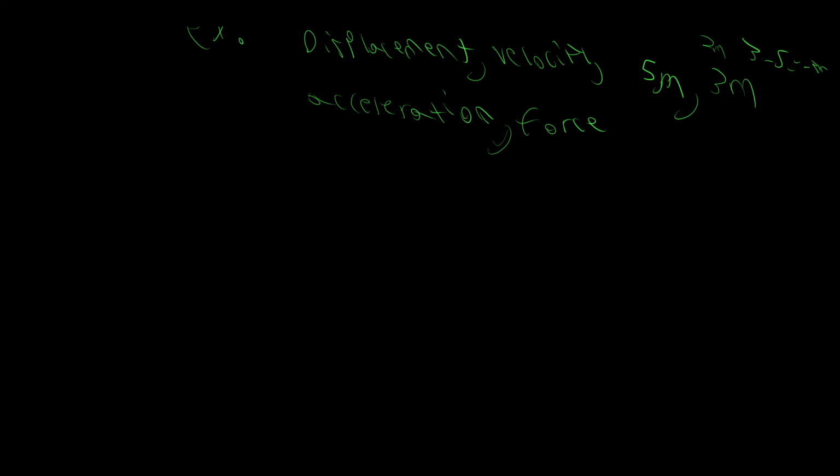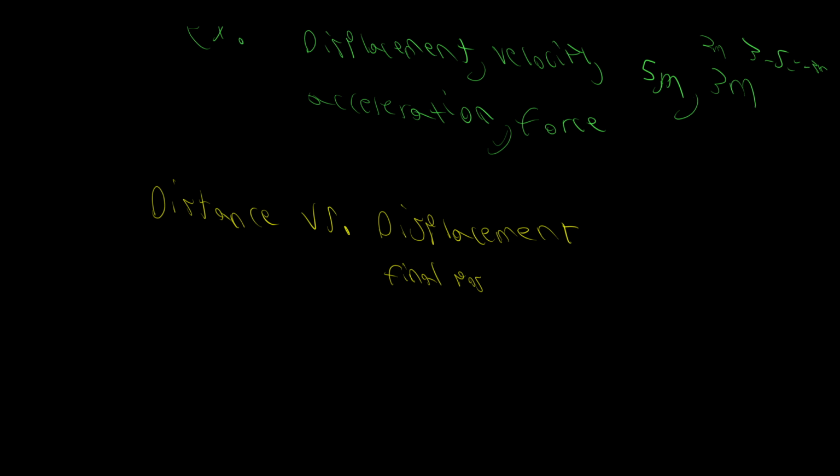And then we already talked about this, but displacement is final position minus initial position, and distance is total length of path traveled.